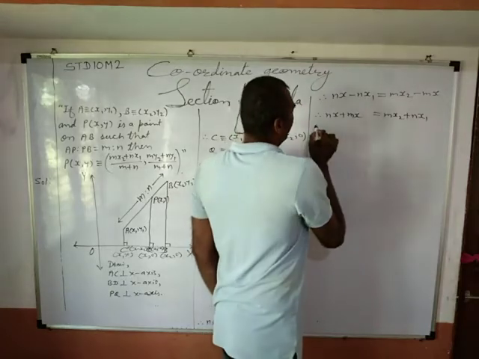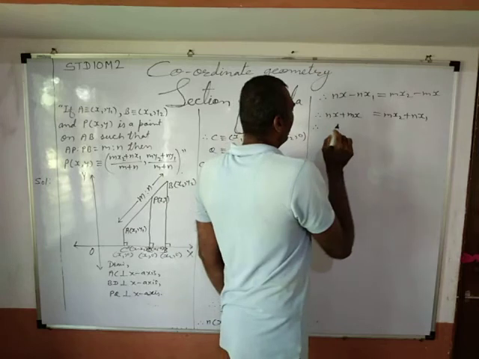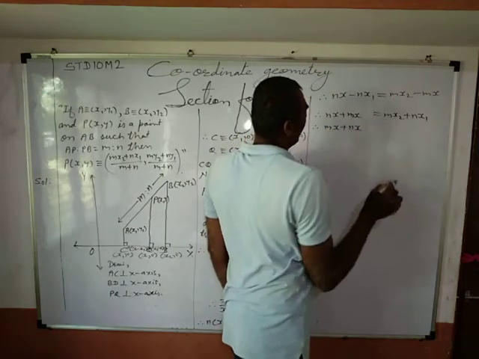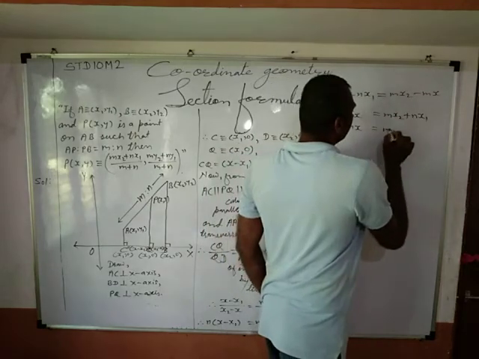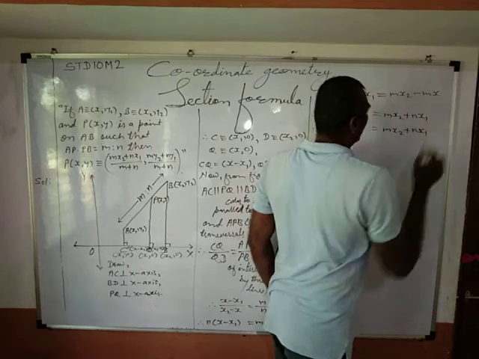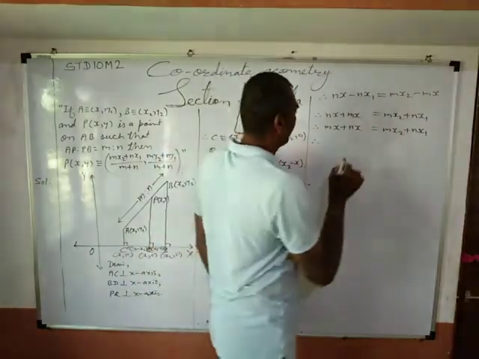Okay, and if we arrange them in alphabetical order, we may write mx plus nx equals mx2 plus nx1. Therefore, from the left side we may take out x common.